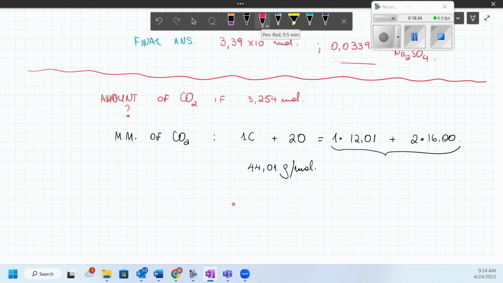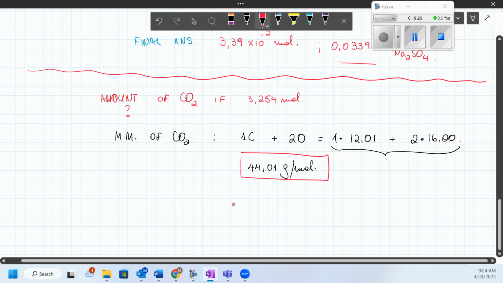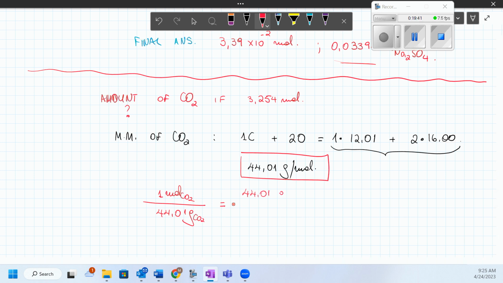What does this number mean? It means that if we have 1 mole of carbon dioxide, then we have 44.01 grams of carbon dioxide. Or if we have 44.01 grams of carbon dioxide, then we have 1 mole of carbon dioxide. This is the first step.